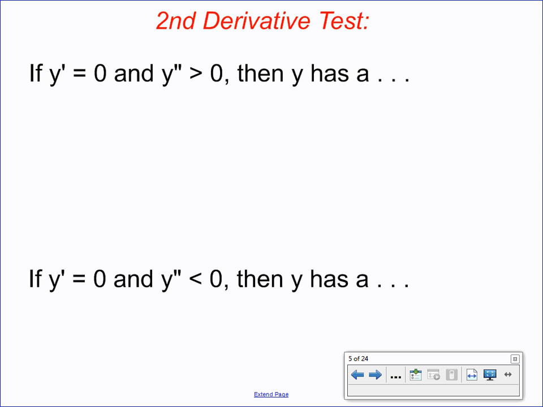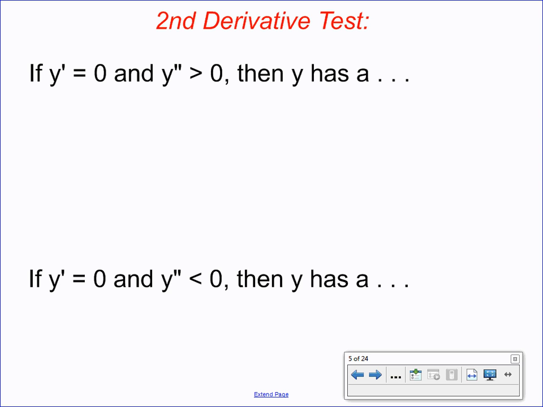It allows us to do it if it's difficult developing a sign chart for y prime, or as a means of verifying what we think to be going on. Or if we've got problems with our expression and just have numerical data, I mean, we don't have a symbolic representation for y prime or y double prime.